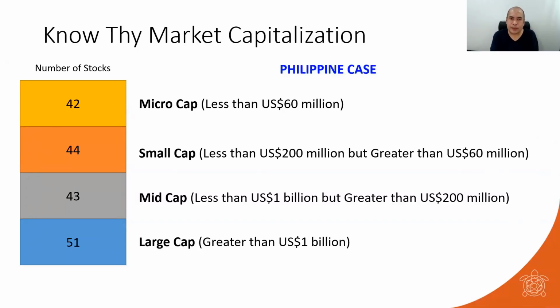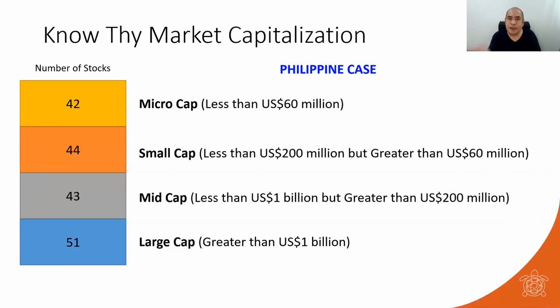So basically what the study showed is that you need to first know the market capitalization of the company, of the security. Once you know the market capitalization, you can have benchmark returns per bucket of market capitalization. So in the Philippines, we have micro cap stocks.